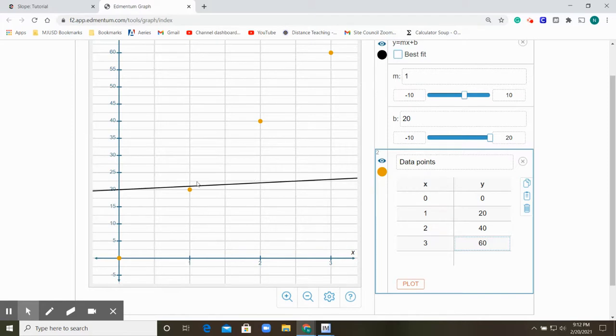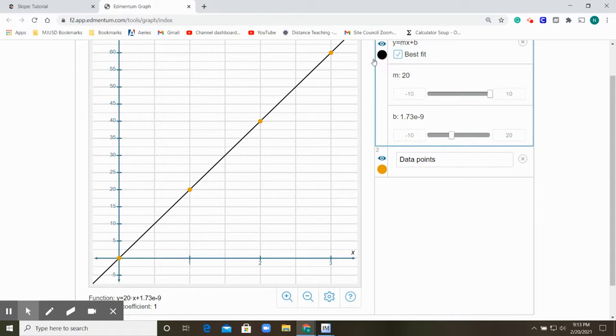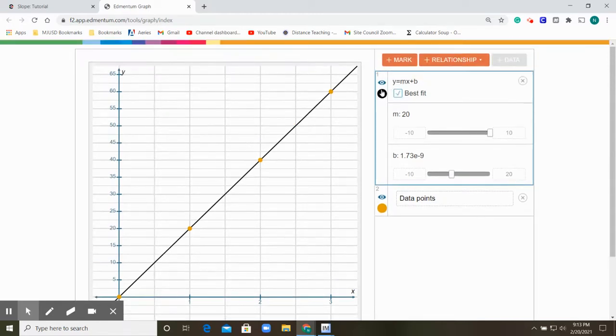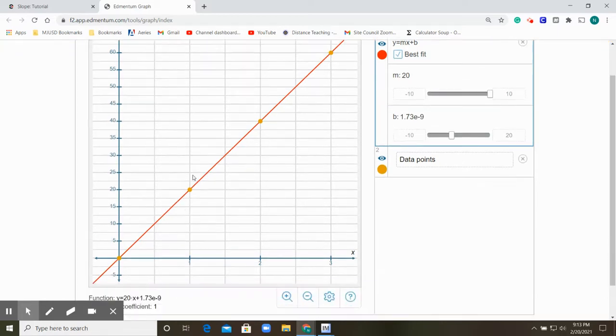Now, this doesn't look right. This line isn't going through these dots. So I've got to go back and figure out best fit. I don't know why. That's what happened. Now, see this black color? If I change it to red, it should make that line red. All right, so now we've got a red line going through.